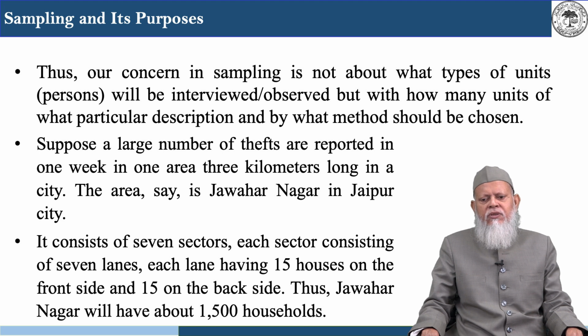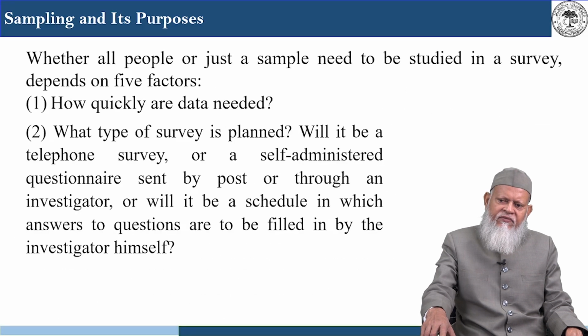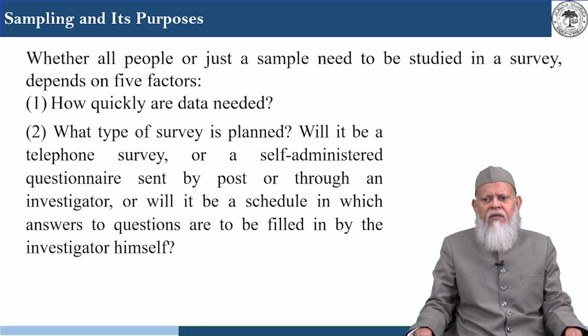Each of them consists of an equal number of lanes, each having say 20 houses on one side and 20 on the other side. Thus, we find that there are 1500 households.